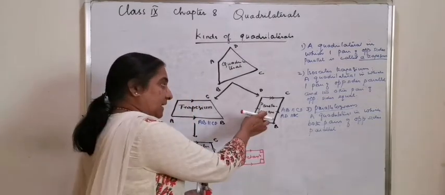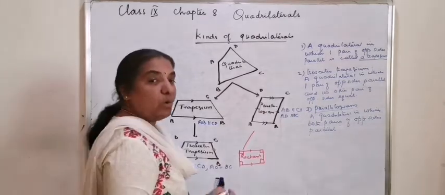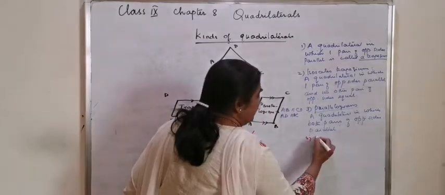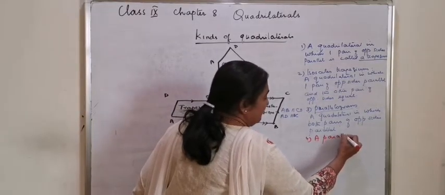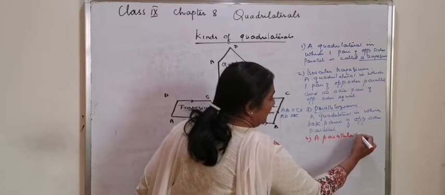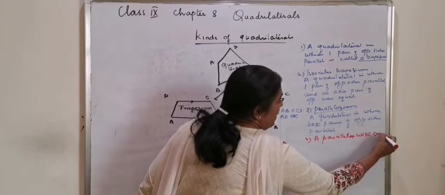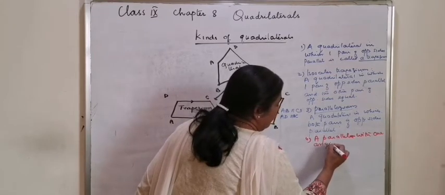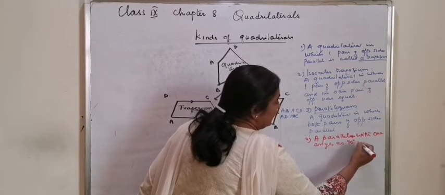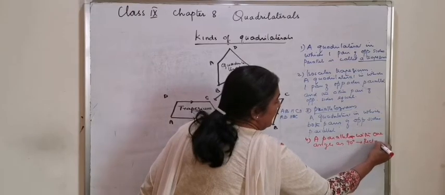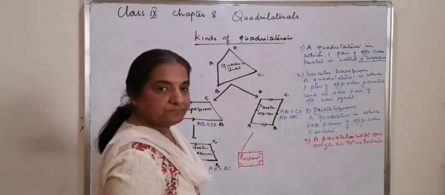Thus, a parallelogram with one angle as 90 degree is called a rectangle.